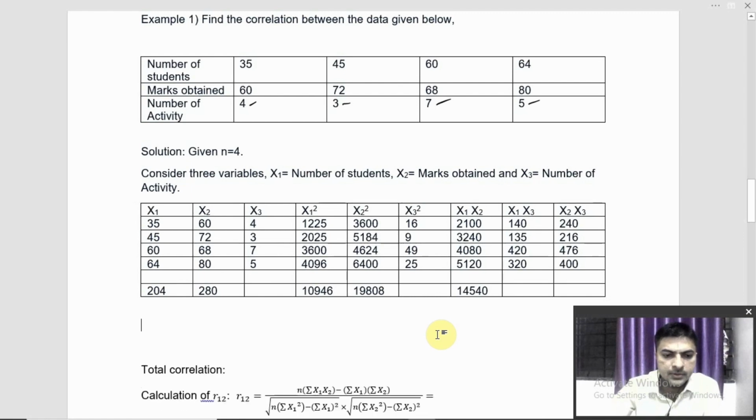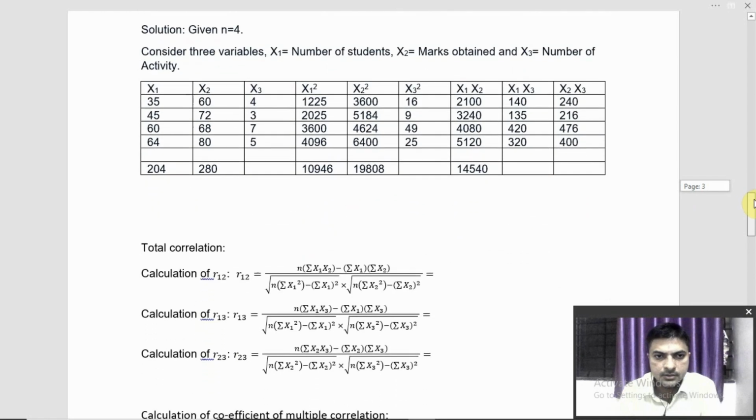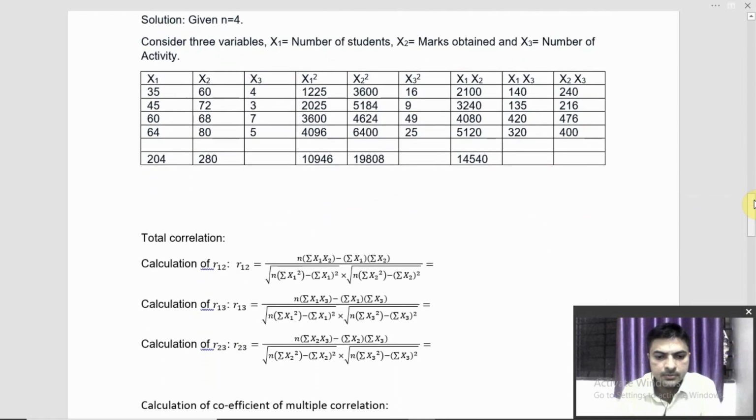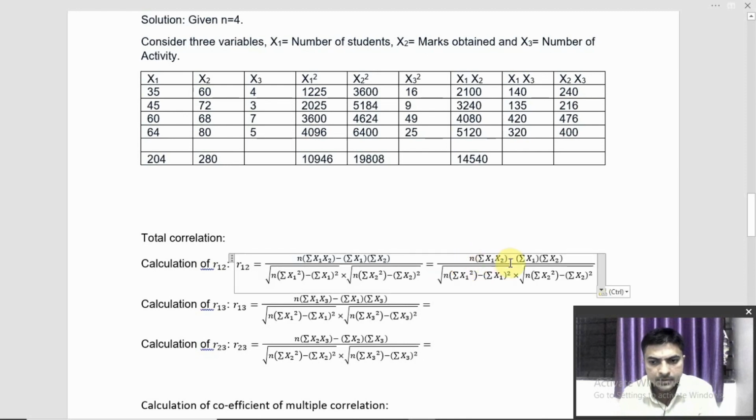So here we have total correlation. Just take this down. First we find the correlation, students, r12. So you can see you go on substituting the values here. So I think everybody starts solving the example. So what you do normally, you substitute here all the values. N is 4, so just take 4.